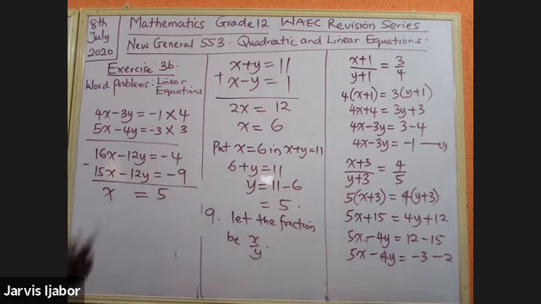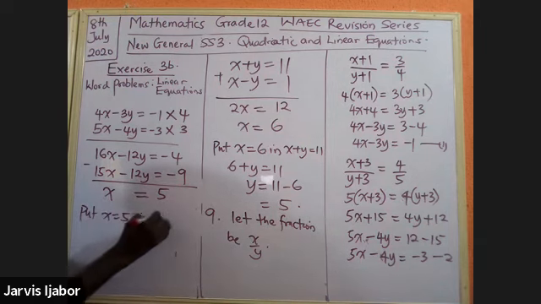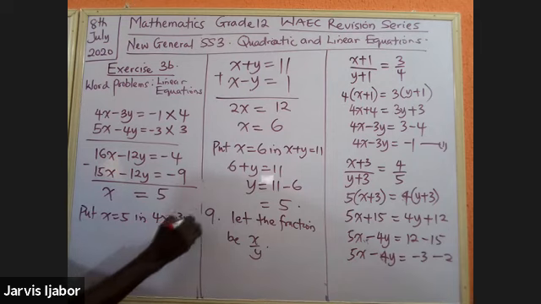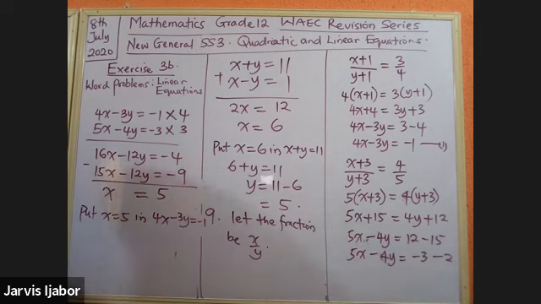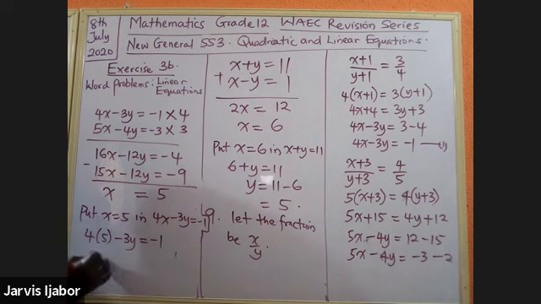So x being equal to 5, I will now put x equal to 5 in 4x minus 3y equal to minus 1. So what does that give me? That will give me 4 into 5 minus 3y equal to minus 1. Meaning that 20 minus 3y will be equal to minus 1.